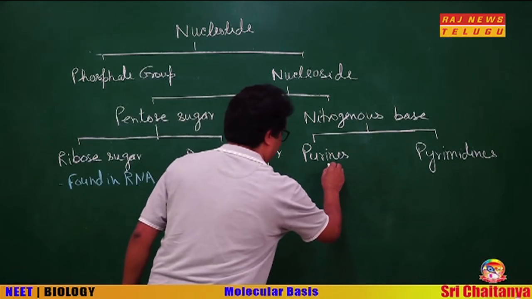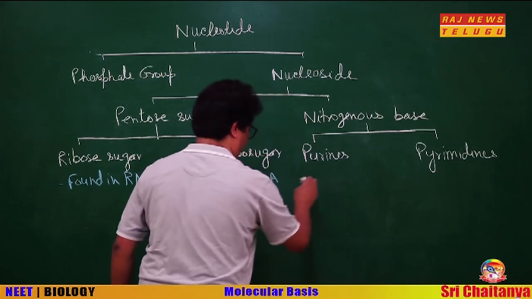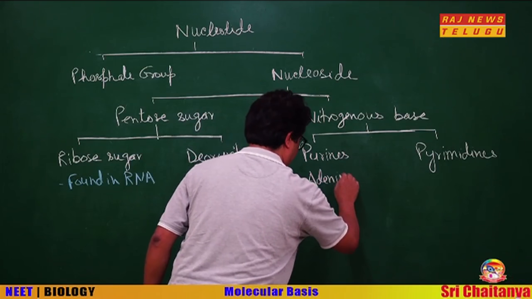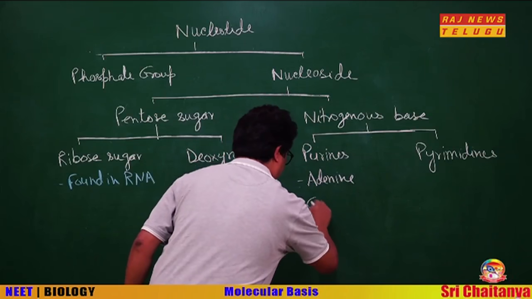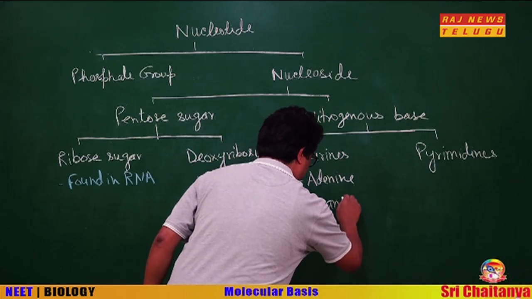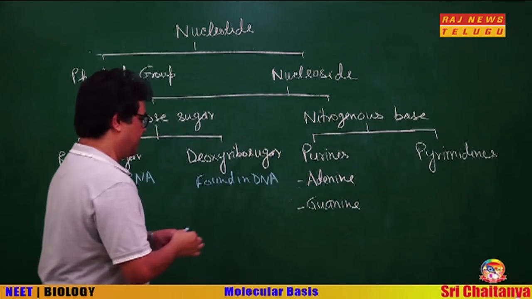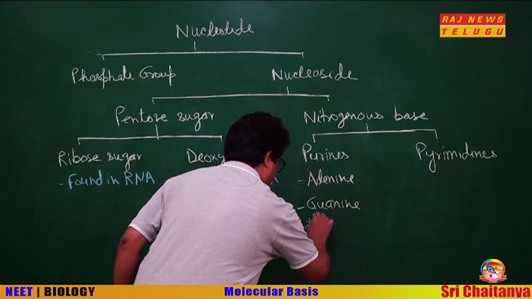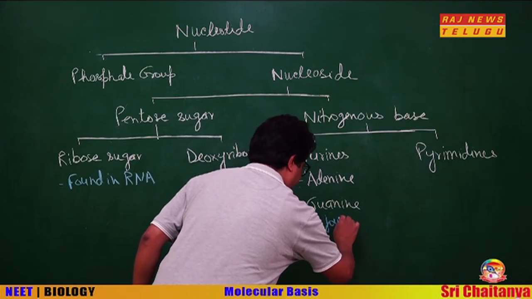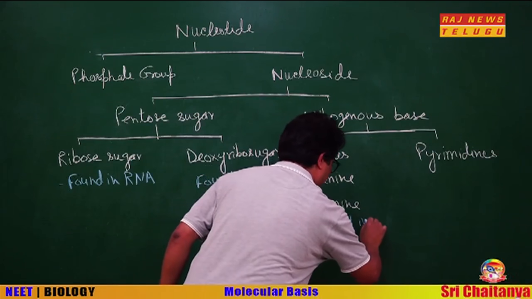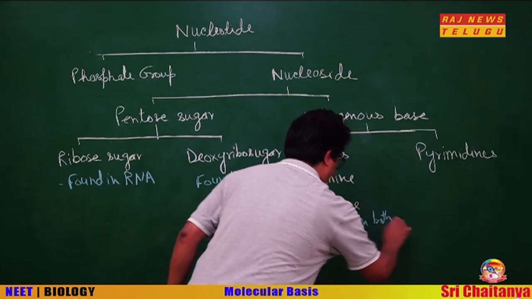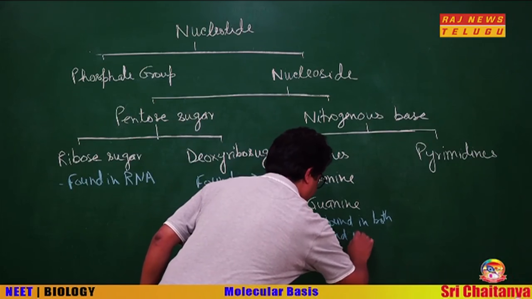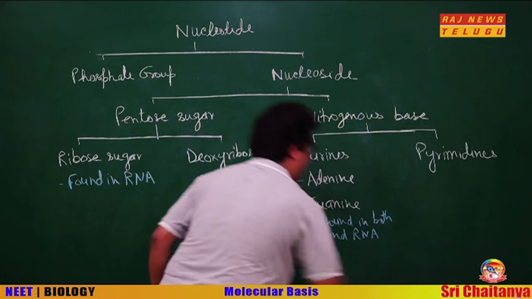Purines are of two types, adenine and guanine. Okay, and both found in both DNA and RNA.